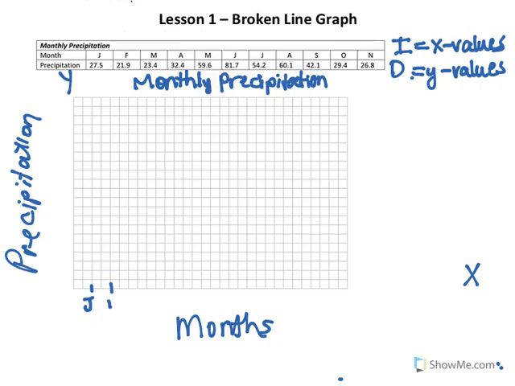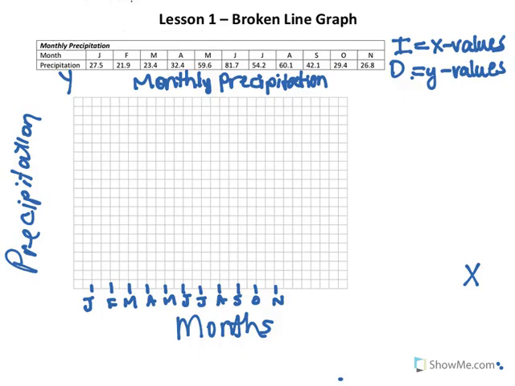So January, February, March, April, May, June, July, August, September, October, November. So you want to use more than half of whatever graph is supplied for you. If we would have gone up by 1 line, it might have been kind of squished. We can't go up by any more than 2 because it won't fit.